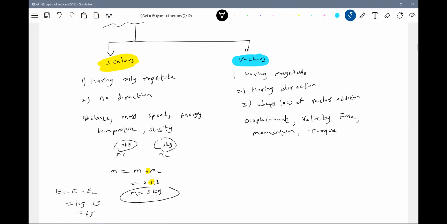How much will it be? 4 joules. So can we subtract two scalars? Yes, we know. Can we divide, can we multiply two scalars? Yes, we know it. So we are well aware of all these types.